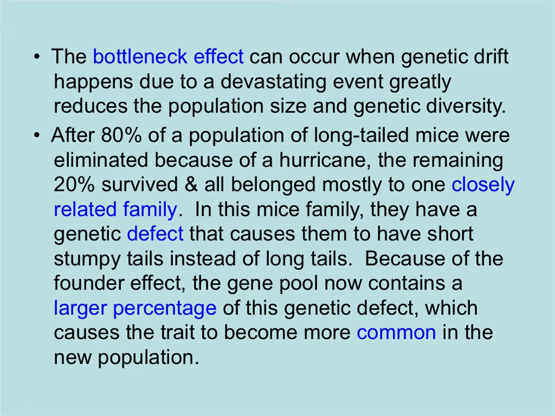An example of the bottleneck effect would be if you have a hurricane and your original population of mice were long-tailed, and then only 20% survived, and they all belonged to a family that was mostly closely related because this one area didn't get hit as bad by the hurricane. Maybe this family lived in Van Cleve instead of Ocean Springs, and Ocean Springs flooded and Van Cleve didn't. But anyway, in this family, they have a defect that makes them have shorter tails.